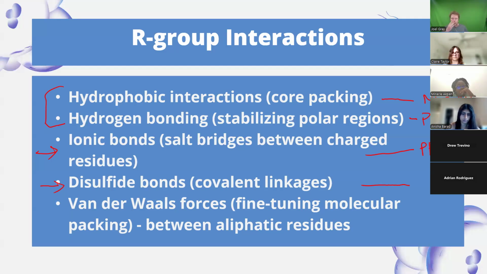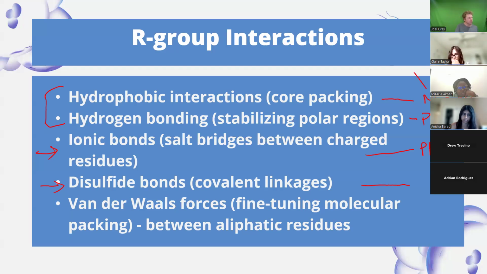Okay, so all of this is leading to, and what we're talking about is R group interactions. This is one of the reasons that I wanted to introduce amino acids at the end of last week, because I wanted you guys to be looking at those structures and spend more time with them. Now, these are determinants of protein structure, tertiary structure. I got a message of, could you say what the letter stands for? Okay, sure.